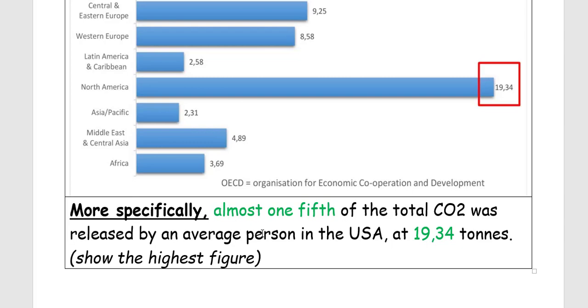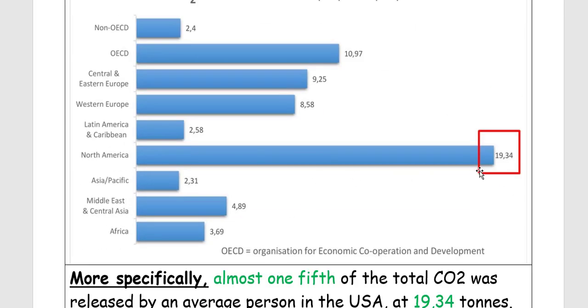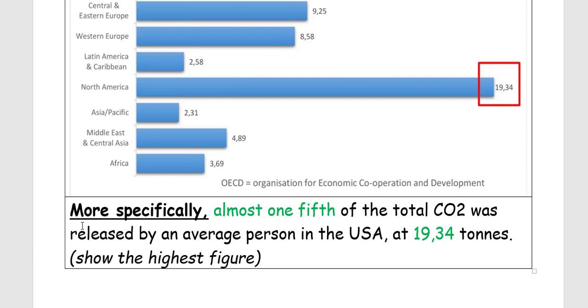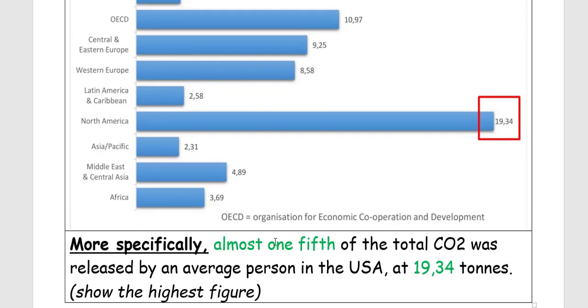So here I'm focusing again on the highest figure and use the phrase more specifically. Almost 1/5, because 1/5 would be 20, but I don't have 20, and therefore I wrote almost 1/5. And then of the total CO2 was released by an average person in the USA.